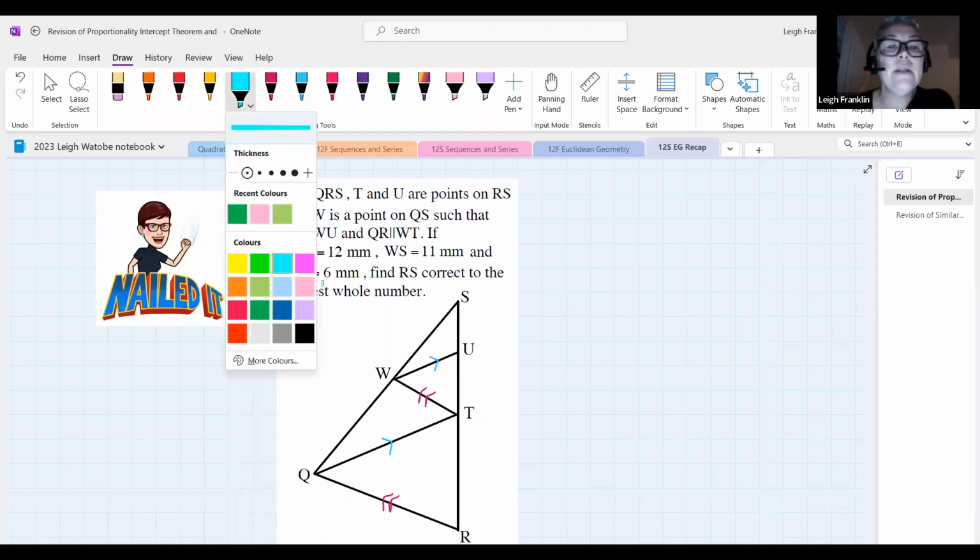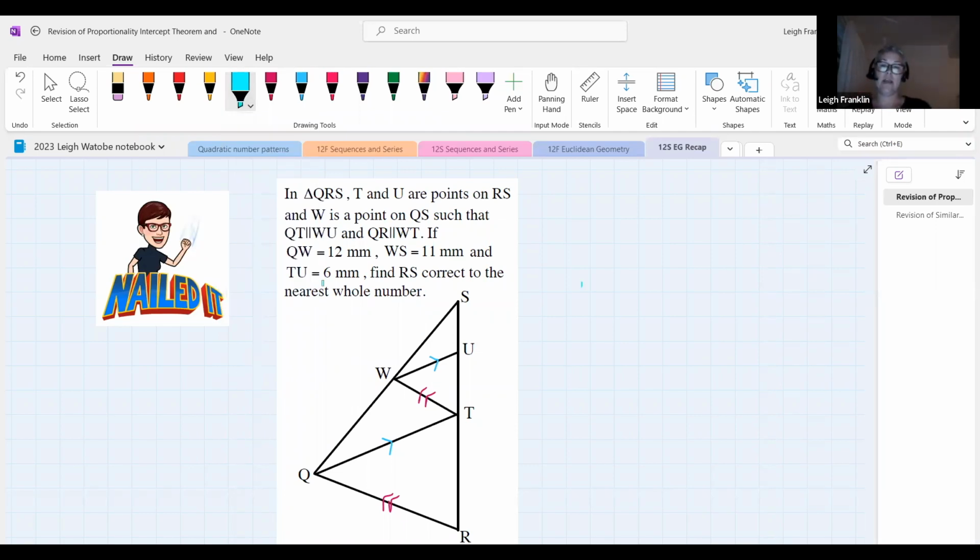So can anybody tell me which triangles we are working in in this situation? There are two triangles in which you can apply the proportionality intercept theorem. What are they called? There are two triangles in which you can work here, guys. What are they called?